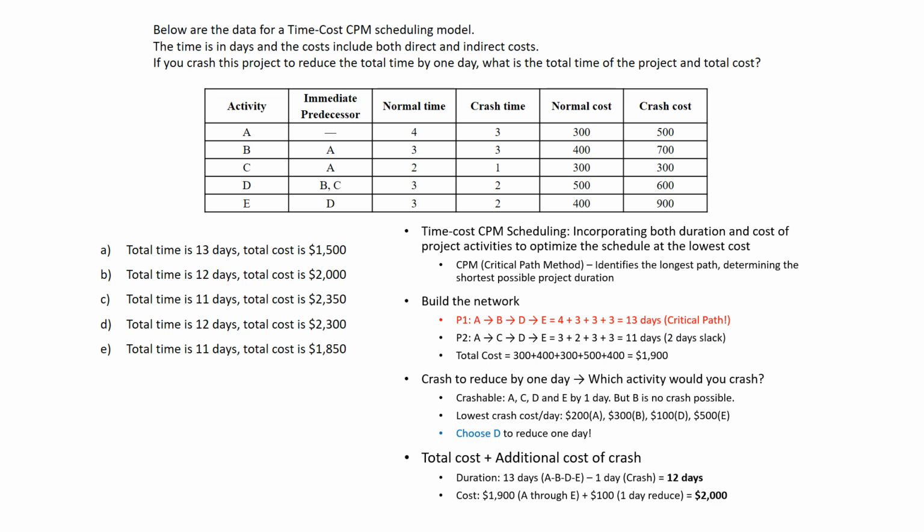So 1900 used to be the total, and then add $100. Because cost increased from $500 to $600, the total cost is $2,000, including the crash cost. So the answer is the total time is 12 days. Total cost is $2,000.